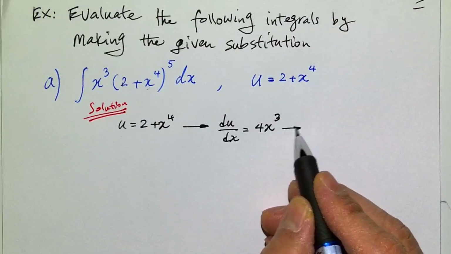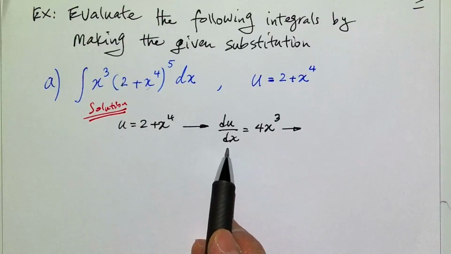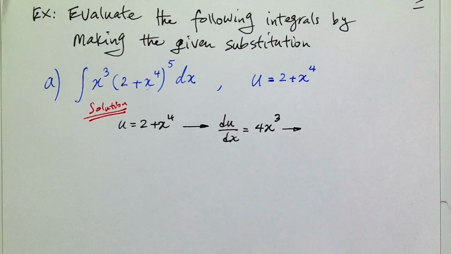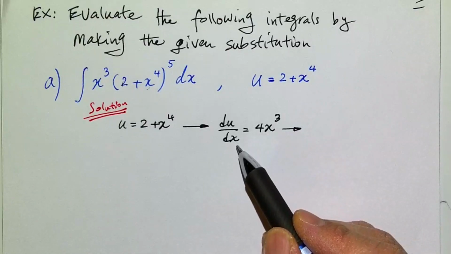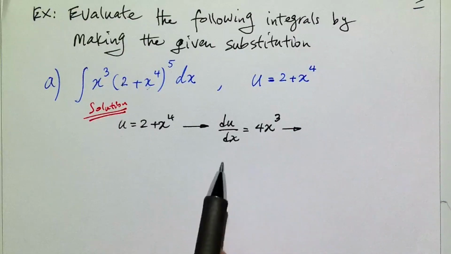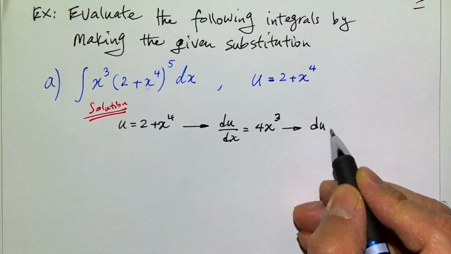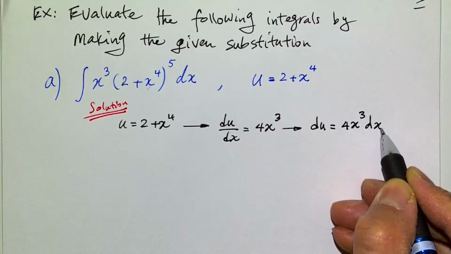So let's modify this a little bit. What if I multiply both sides by dx? We can do that, right? That's the beauty of this notation du/dx, which was invented by Leibniz. It makes integration a lot easier in situations like this. So multiplying both sides by dx, what do we get? We get du equals 4x cubed dx, right?